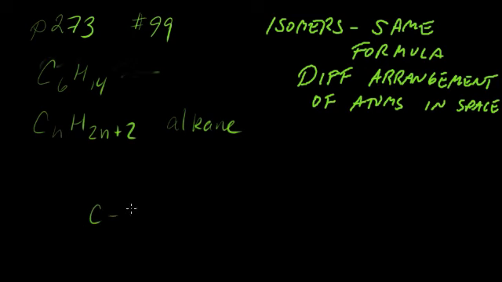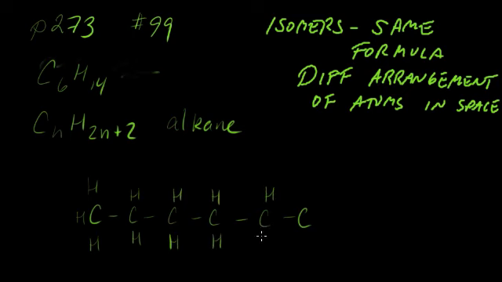We could write out C6 in a straight line and fill in H's at all the spots. Each carbon has 4 bonds, and we can count off 1, 2, 3, 4, 5, 6, 7, 8, 9, 10, 11, 12, 13, 14 hydrogens, proving to ourselves that this needs to be an alkane.